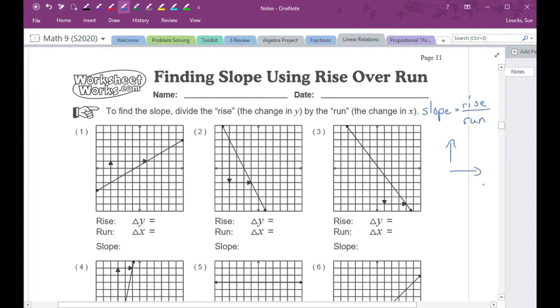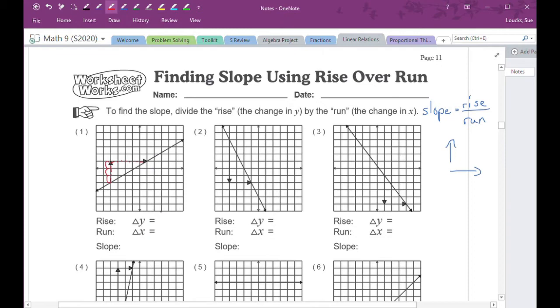Okay, so let's look at this one here now. These examples on this page, you can't see it so well on this screen, but on your own printout you should be able to see that there are little dotted lines going up and little dotted lines going across. So our rise is, we're going to count from this point right here and go 1, 2, 3.